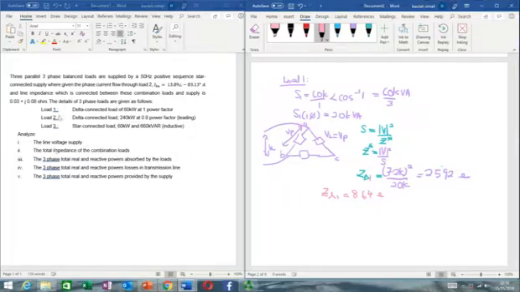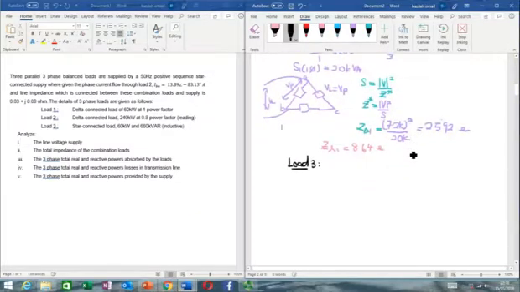And then next for load 3. Load 3 is a star connected load.